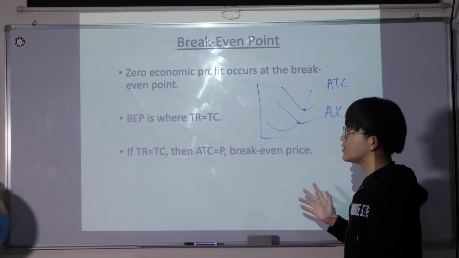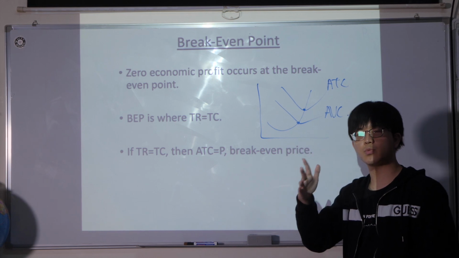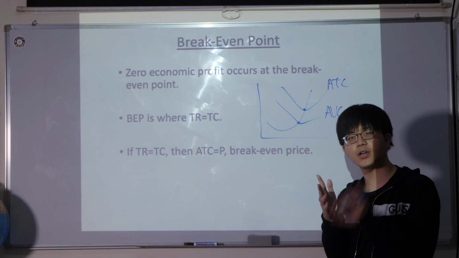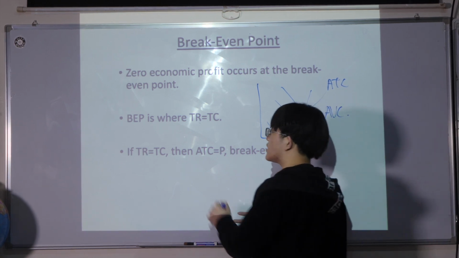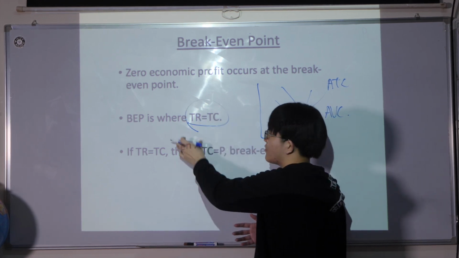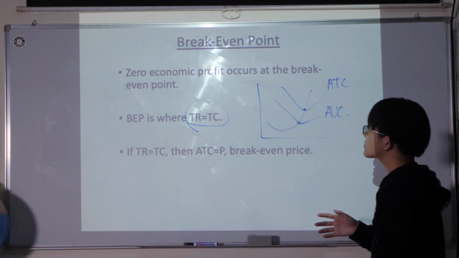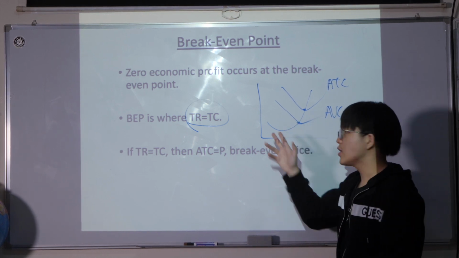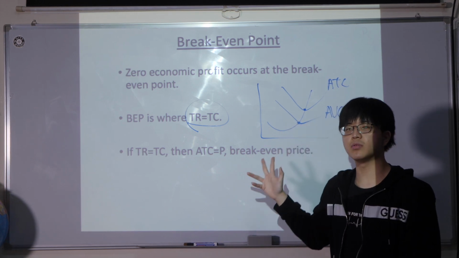This means that total revenue should at least equal TC, or be greater than TC, to earn economic profit, right? That's the reason why we say the point where ATC is equal to MC is the break-even price.